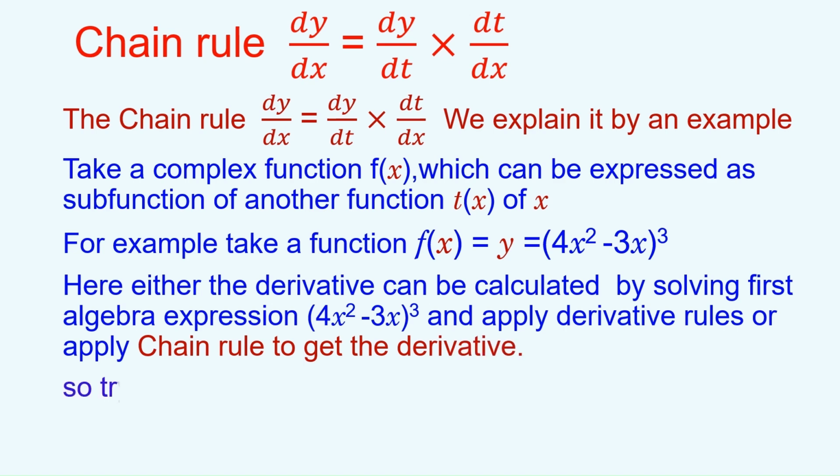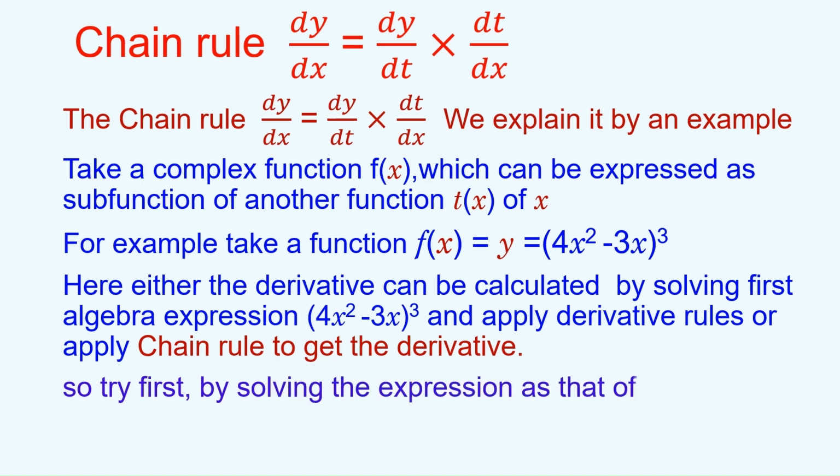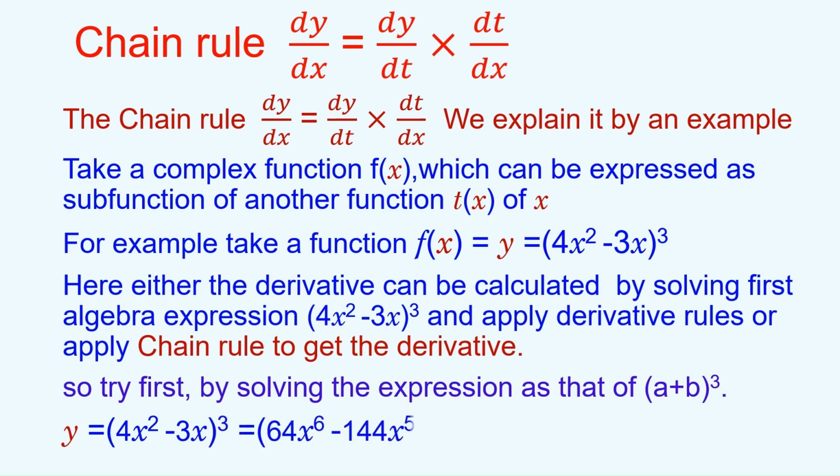So try first by solving the expression as that of (a plus b) whole cubed. y equals (4x squared minus 3x) whole cubed equals 64x to the power of 6 minus 144x to the power of 5 plus 108x to the power of 4 minus 27x to the power of 3.